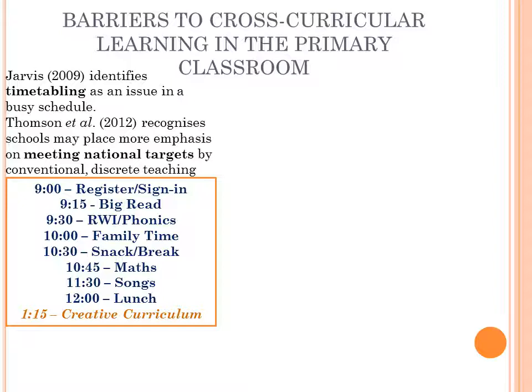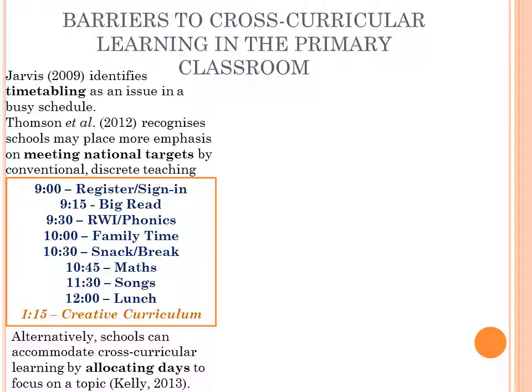At 1:15 once a week, a creative curriculum project is implemented by the class teachers. However, some schools may not be able to accommodate cross-curricular learning in this way, and Kelly 2013 suggests that schools could allocate theme days to focus on a topic. For example, they may choose to utilise current events, for example, the Chinese New Year or Easter.